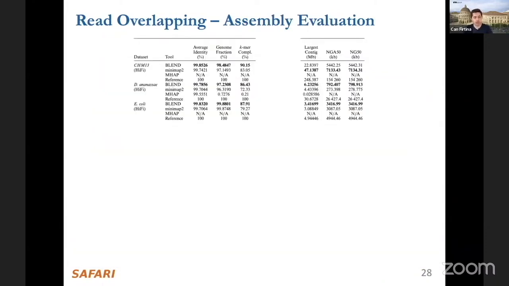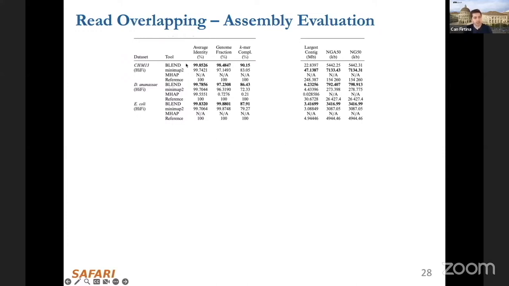So I'll now show the assembly evaluation results. These are the assemblies that we generate after finding the read overlaps using each tool. We show the results for, again, the hi-fi reads, although you can find the results for other data sets in our full paper.